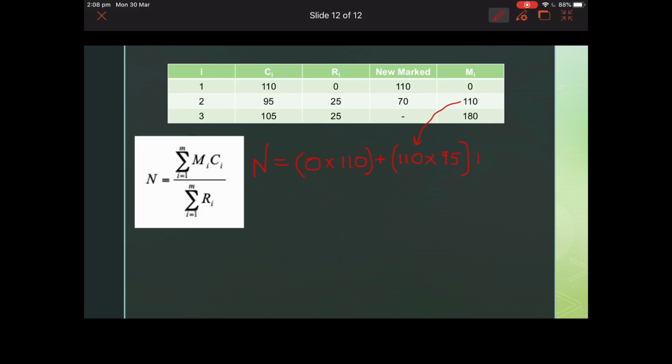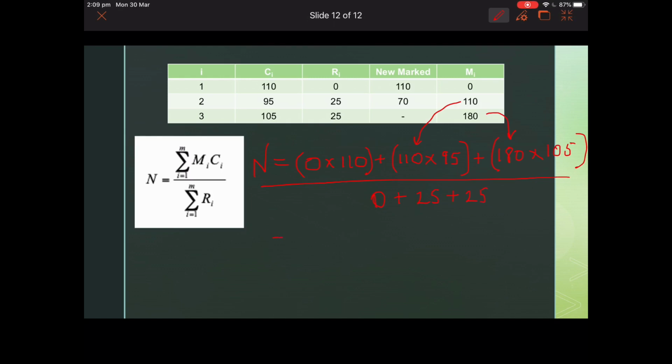And we are going to do our last one, which is going to be 180. That's M3, and we are multiplying that by C3, which is 105. And all of that is going to be divided by R1, which is 0, plus R2, which is 25, plus R3, which is also 25.